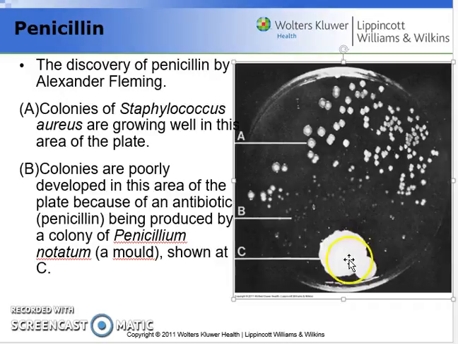This fungus has released something to inhibit the growth of all of these bacterial colonies in this region here. This area is very minimal in terms of bacterial growth, and you can see that there are some colonies in it that have been struggling to grow, but they haven't been able to because the penicillin is putting out enzymes that are causing the bacterial cells not to grow.